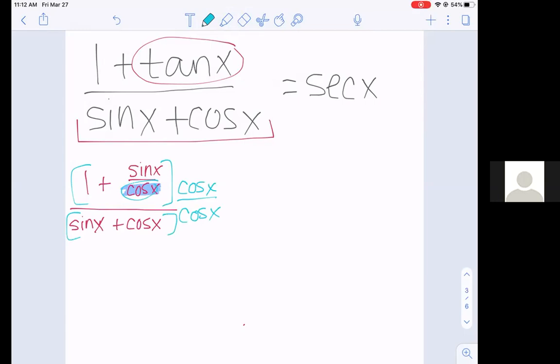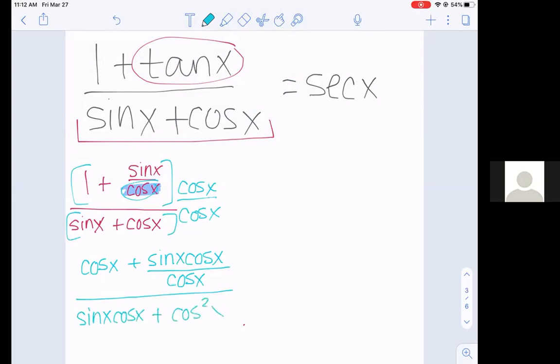Okay, so this is cosine x plus sine x cosine x over cosine x over sine x cosine x plus cosine squared x.